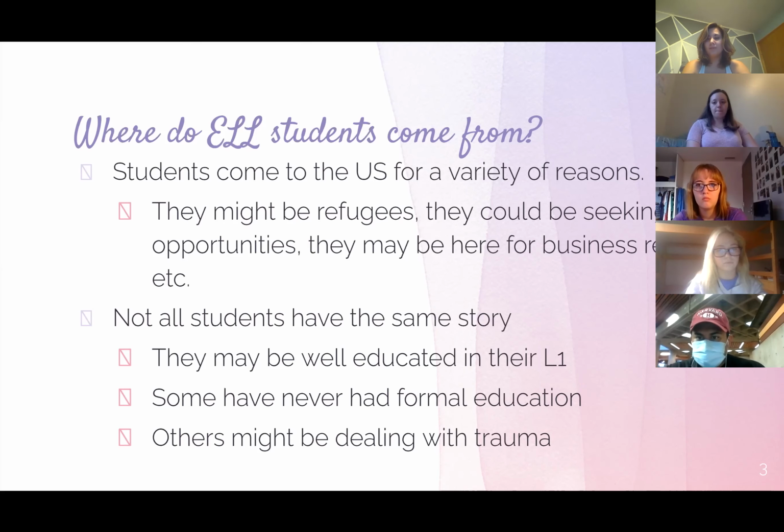So that's another obstacle that you have to overcome sometimes in the classroom, because these students may not even know how to write in their home language. So how are they going to learn to read and write in English? Because they have no idea how to even do that in the first place. You have to start from base one there. Some of them may have never had a formal education at all. So some of them may be refugees and they've maybe never even been in the school system.